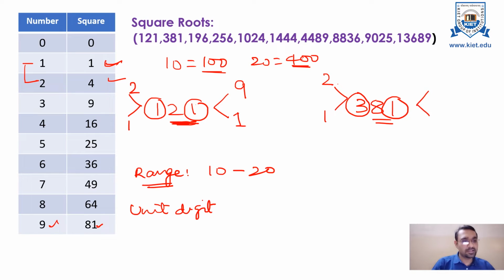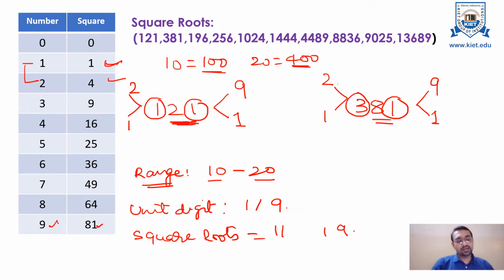Similarly this one you get by squaring 1 or 9. So you can say the square root of this number must lie between 10 to 20 and the unit digit may be either 1 or 9. So the square roots may be either 11 or 19.